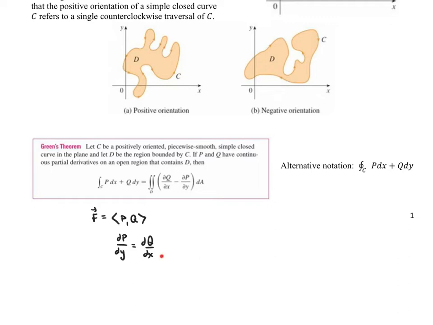If you don't have a conservative vector field, and if it is closed on a positively oriented curve, then you can use Green's theorem. And Green's theorem is simply just the derivative of q with respect to x minus the derivative of p with respect to y. And the slight adjustment here is that now it's a double integral over the region.